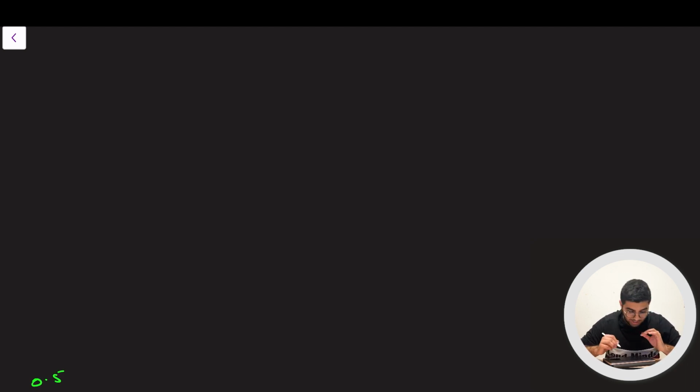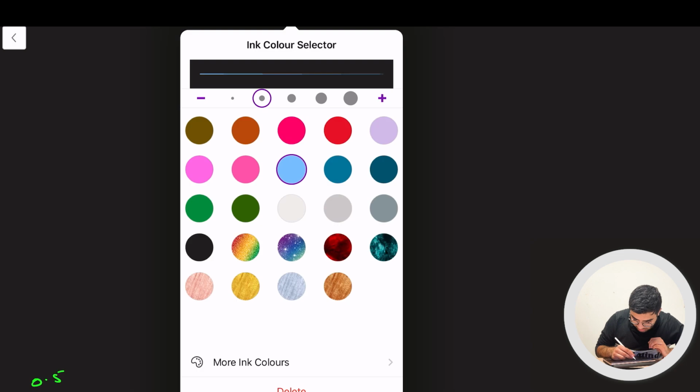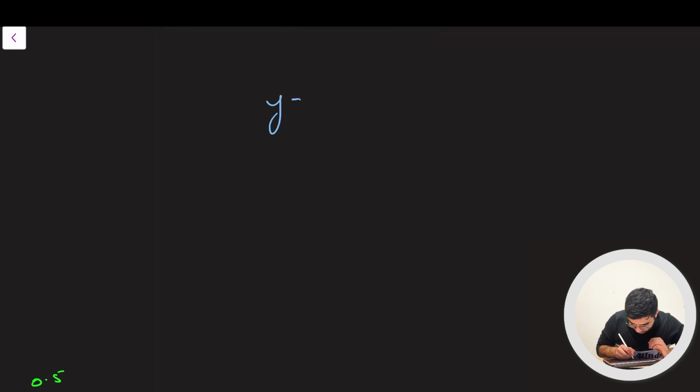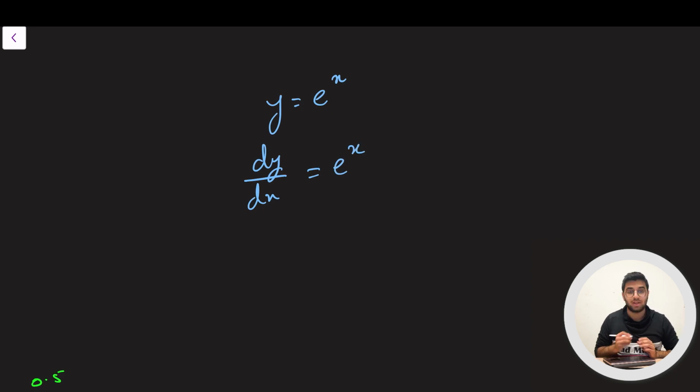It's just important to know that if you have your function y equal to e to the x, as we have seen, dy on dx is equal to the function itself, e to the x. This is the special property of e to the x, that when you differentiate it, it remains e to the x.